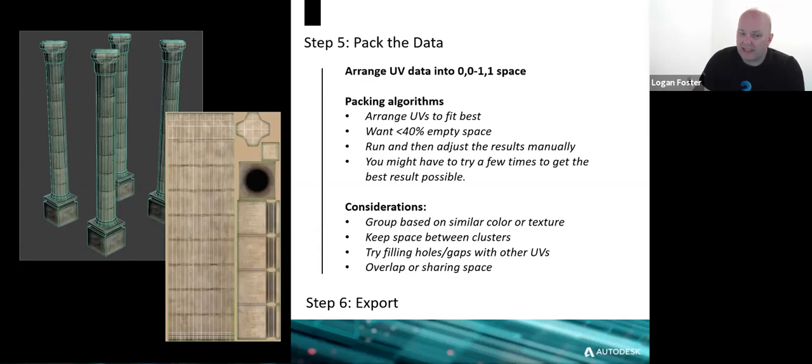What I mean by that is, especially in something like this, you see that there's a little bit of gap space between each of these UV islands. This gap space is really important because as the object gets further away from the camera view, especially in a real-time system, it's going to load up a lower resolution bitmap, a MIP map.